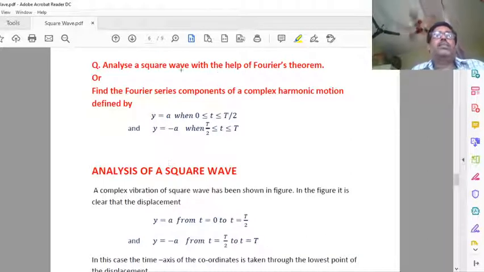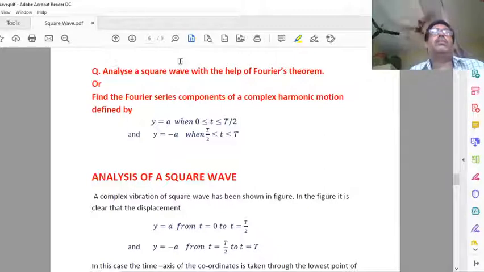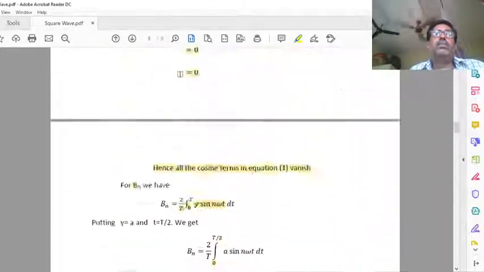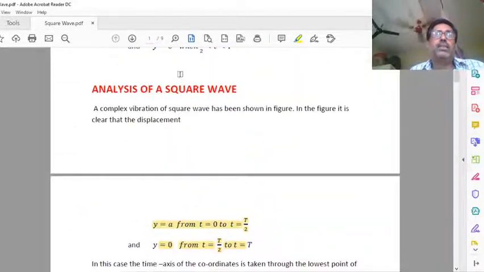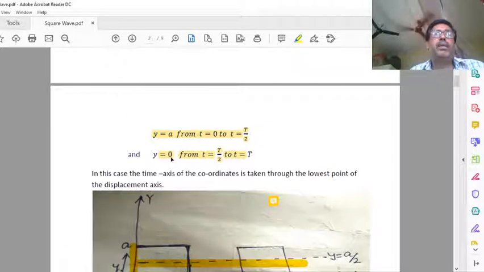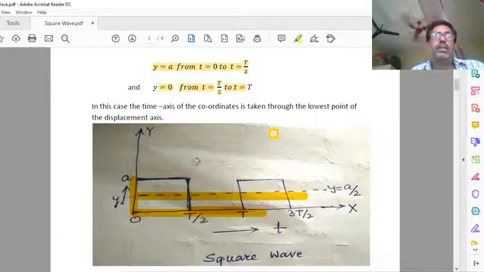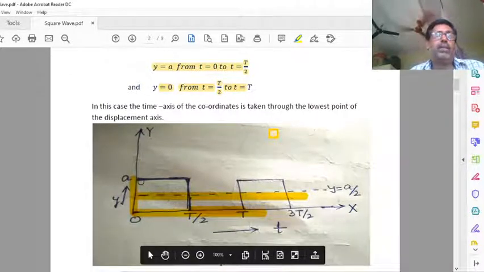Now the same question is here: analyze the square wave. You may think, once we discussed the square wave, then what is the need of its repetition? Actually, here the condition was y is equal to a and y is equal to 0 for T by 2, means for half the time the value of y displacement is a, and next half it is 0.